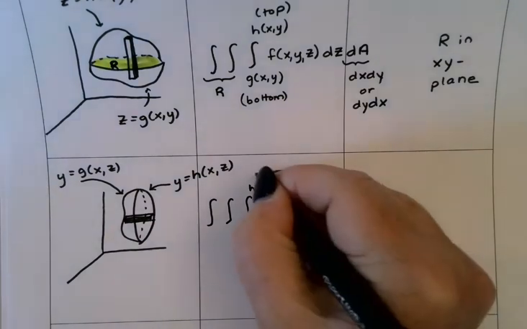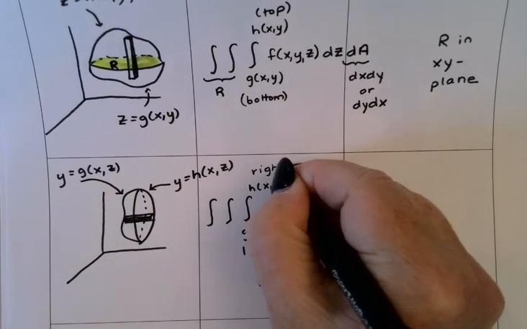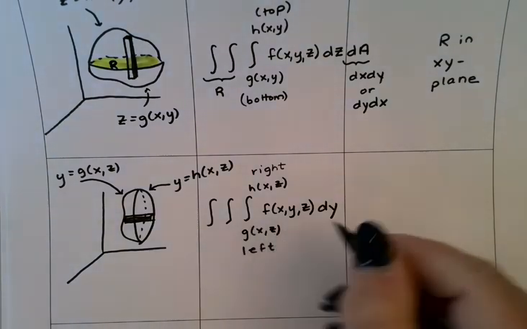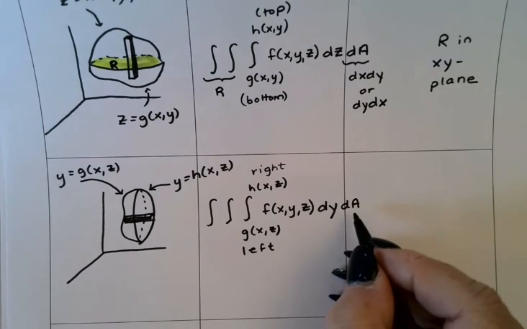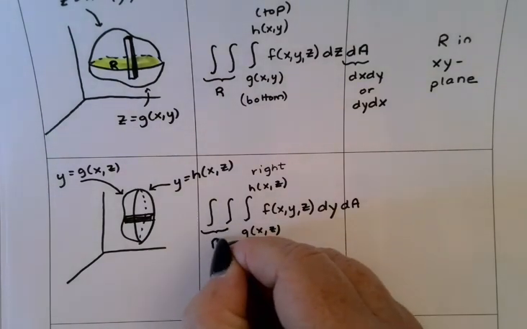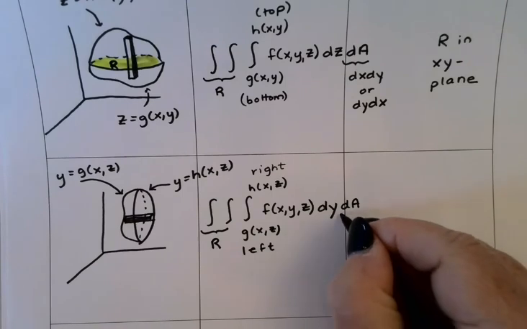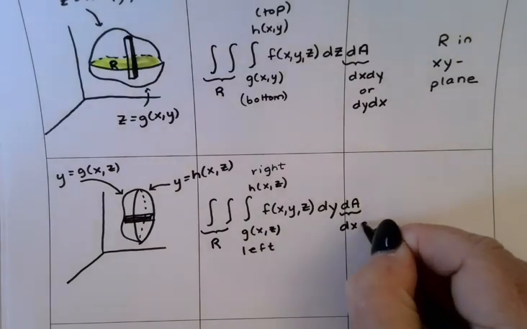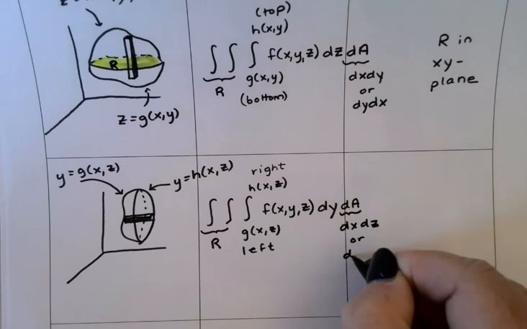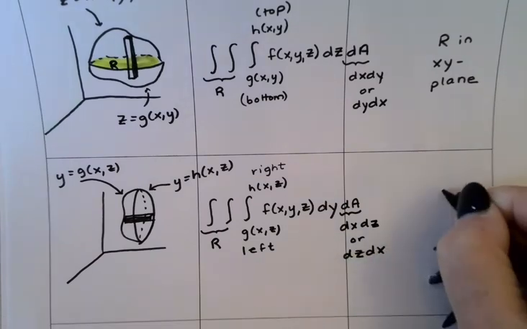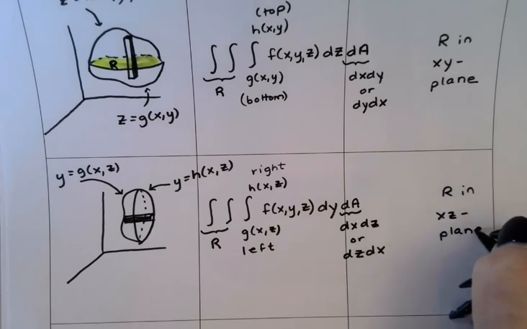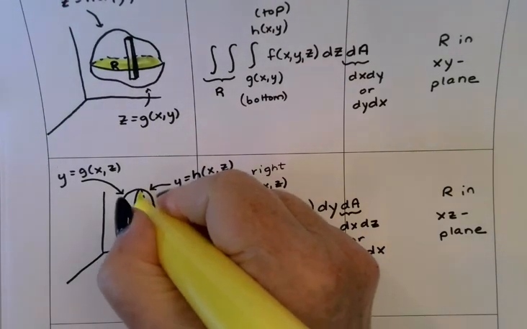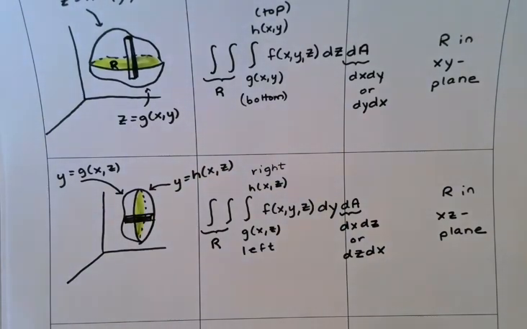The other two variables, the x and the z, are going to be my dA over some region R, where the dA this time is either dx dz or dz dx. So R is in the xz plane. If I were to draw it, my R would look like this, the intersection between my two surfaces again.